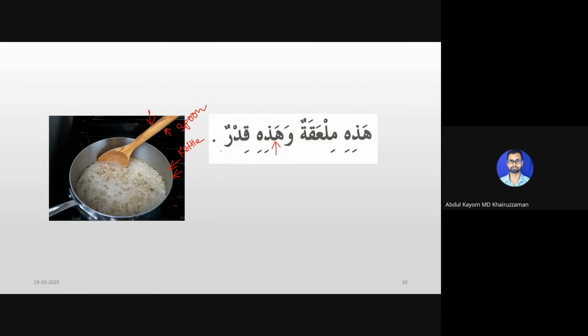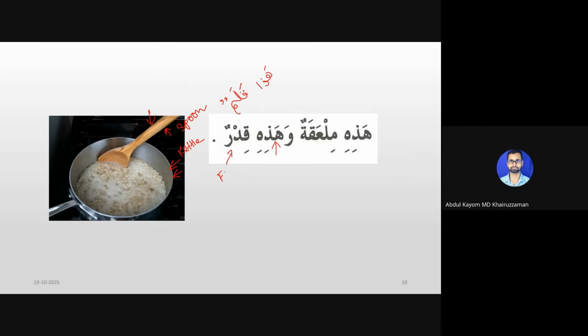So there are some words that are used as feminine, but there is no sign on it. We don't see any sign here. Like we use qalamun, right? Qalamun is masculine. We say hadha qalamun. Similarly, qidrun is also like qalamun, there is no ta marbuta here, but still this word is feminine.